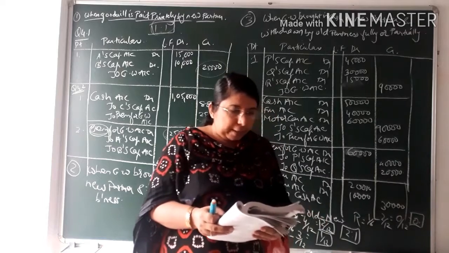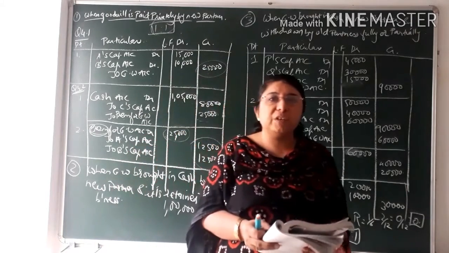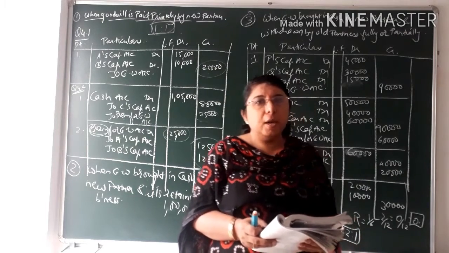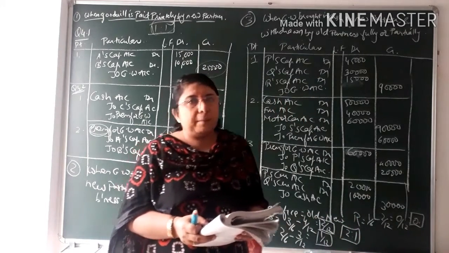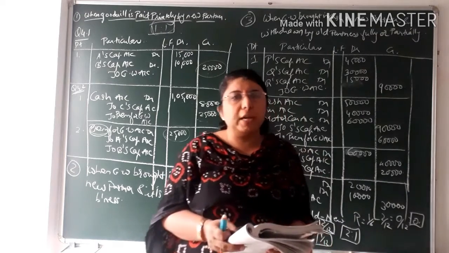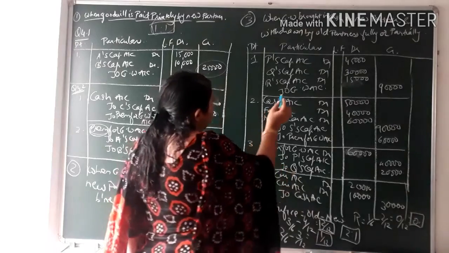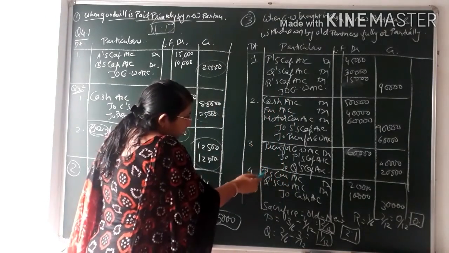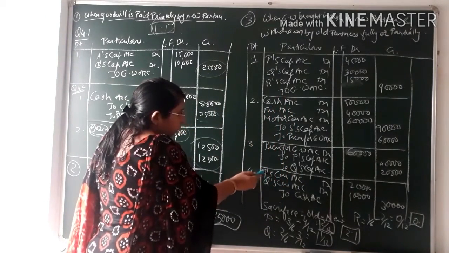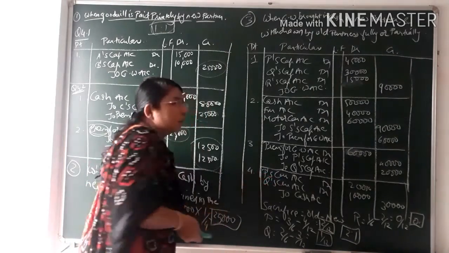They maintain their capital account by the fixed capital method. We had already studied the fixed capital method and the fluctuating method. In case of the fixed capital method, whatever the journal entry is related to the capital account, for that we will be making the current account. So you can see in the entries that I have written over here, that is current account. The last entry that I have written is P's current account and Q's current account. I have not written P's capital and Q's capital.